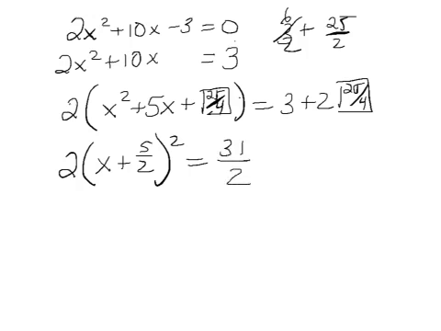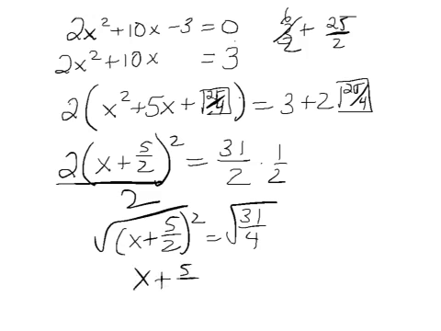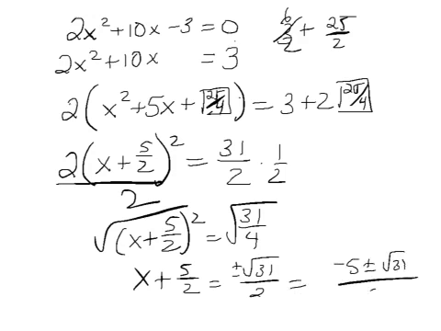And I'm going to divide by 2. So I have x plus 5/2 squared is equal to 31 over 4. Square root, x plus 5 halves is equal to plus or minus the square root of 31 over 2. So subtract. We get negative 5 plus or minus the square root of 31 over 2. These are going to take some practice.